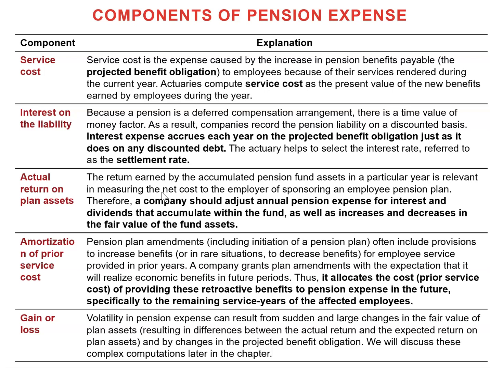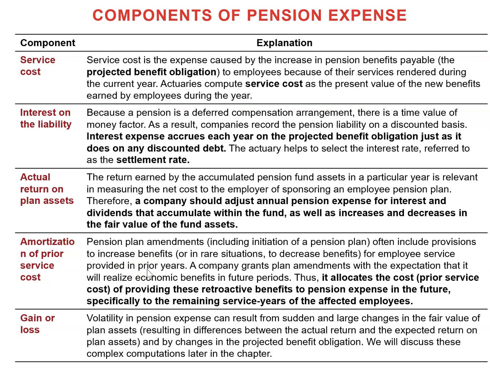Usually those are invested in the stock market, bonds, or other securities. So if there is any gain or dividend, that will increase the return. On the other hand, if there is any loss, that will decrease the return. Also, any changes in the fair values of the fund assets will also be a part of the return on the plan assets. Then amortization of prior service costs.